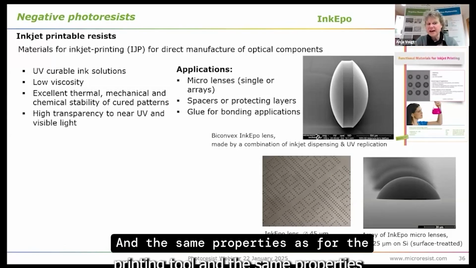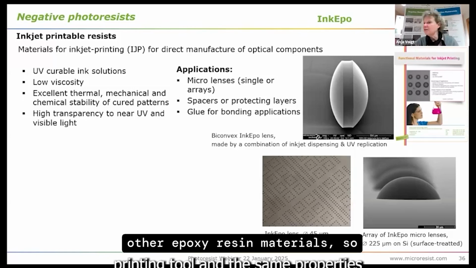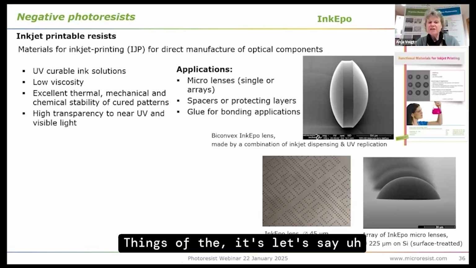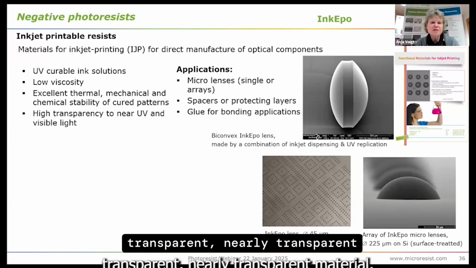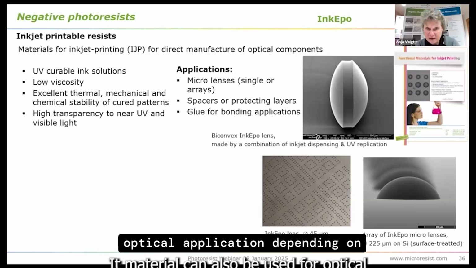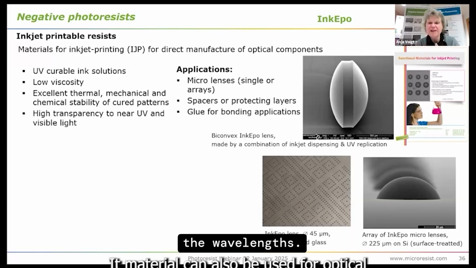And the same properties as for the other epoxy resin materials, so high thermal, mechanical, and chemical stability. Since it's a nearly transparent material, slightly yellowing, it can also be used for optical applications, depending on the wavelengths.